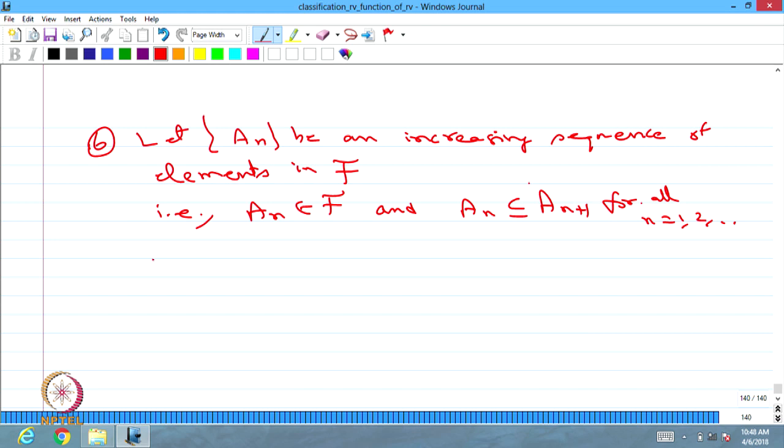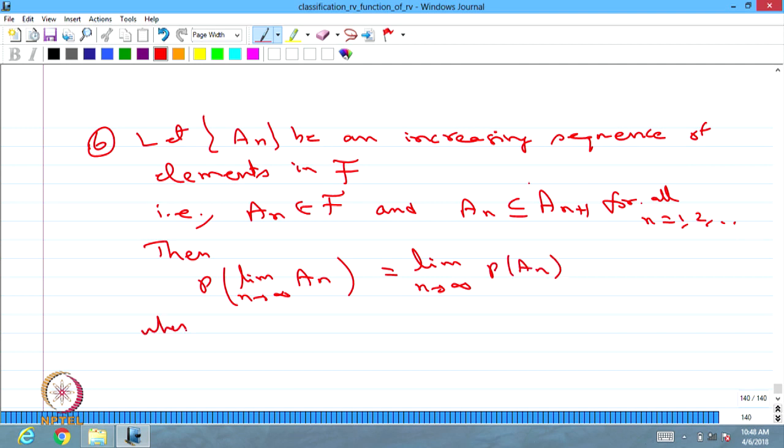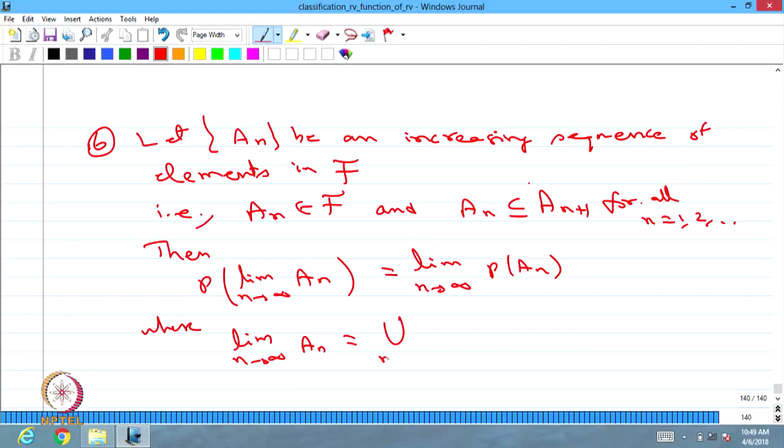Then what the result says, the P of limit n tends to infinity A n, that is same as the limit n tends to infinity P of A n, where the limit n tends to infinity A n is nothing but, since A n's are the increasing sequence of elements, union of n is equal to 1 to infinity A n.